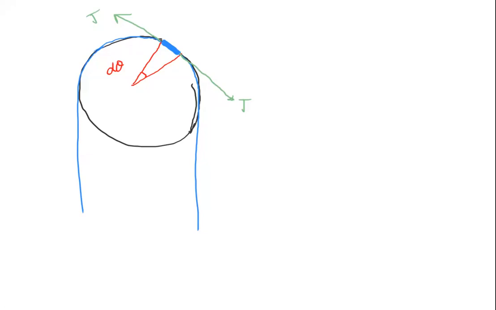So there must be a normal reaction on the rope, and there must be a friction force on the rope. Now the friction force must be tangential to the pulley, because we know that friction forces are parallel to the surfaces. Now I don't know where this friction force is. I can assume tangential अगर है friction, तो केवल दो ही possibility है, या तो friction इधर है या friction इधर है. I will assume that the friction is over there.